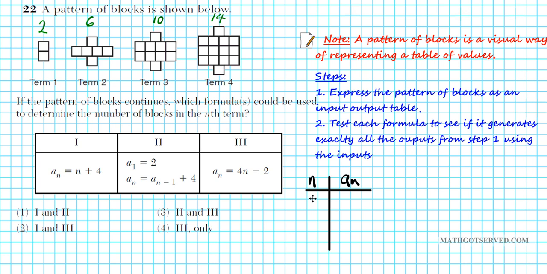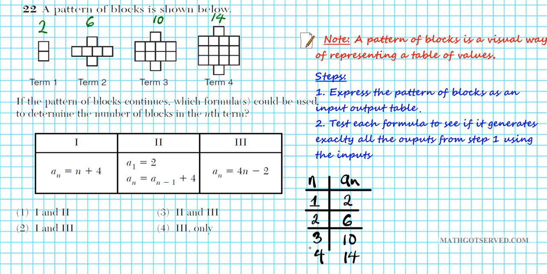So for our first term, when n was 1, we had an output of 2. When n was 2, for the second one, output of 6. When n was 3, output of 10. When n is 4, output of 14. So this is just like an XY table, but we are just using a different notation here. We're using n and a sub n.